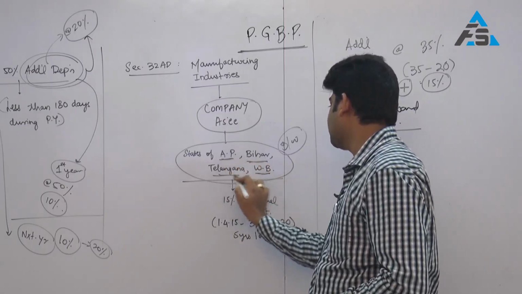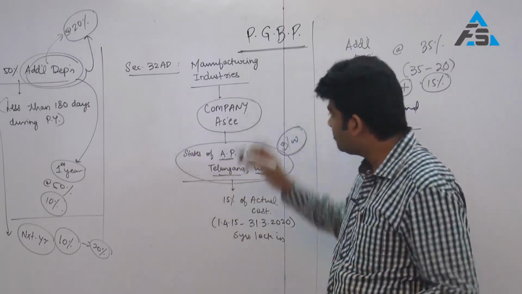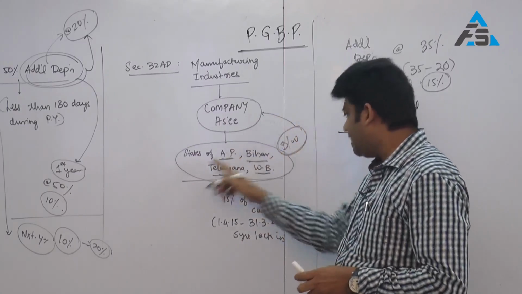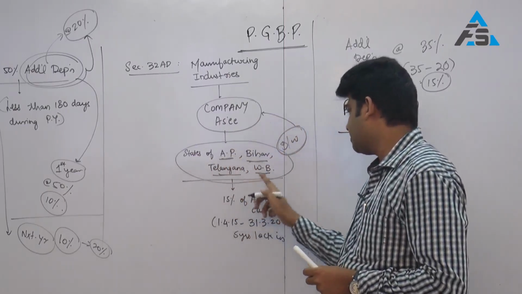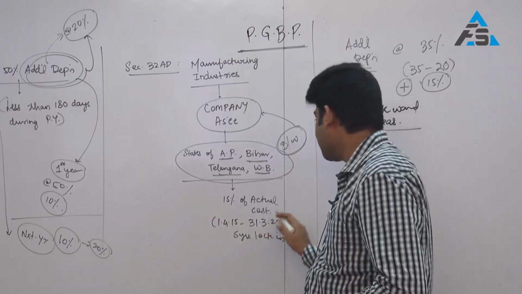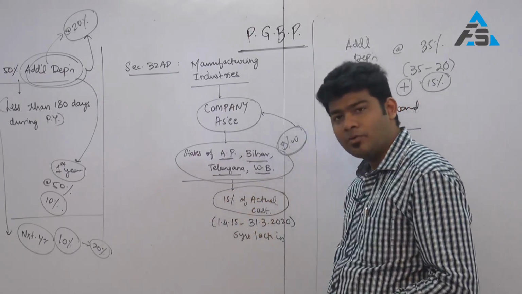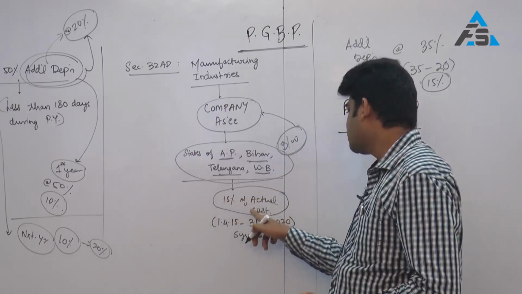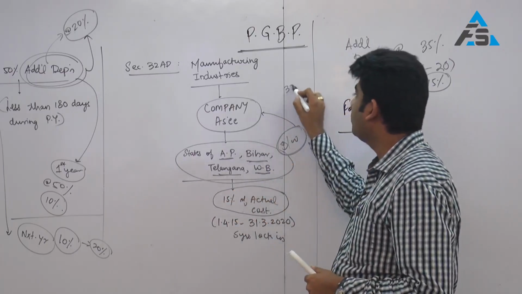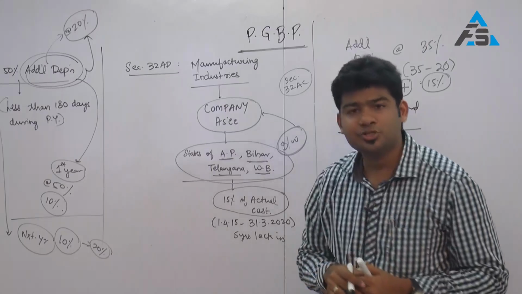These are the states which are considered as backward districts for provisions of section 32 AD, which says that if there is a company SSE in Andhra Pradesh, Bihar, Telangana or West Bengal, and they are having a new setup, then in that case they will get an additional allowance of 15% of actual cost for the investment in machinery, which will be over and above section 32 AC, which is already providing some additional benefits.